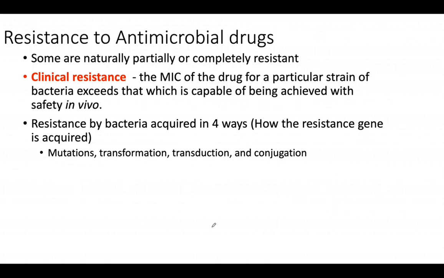So resistance is something that I've touched upon. And what we mean by resistance is that the bacteria are able to grow in the presence of that particular antibiotic. And we can be a little more specific.